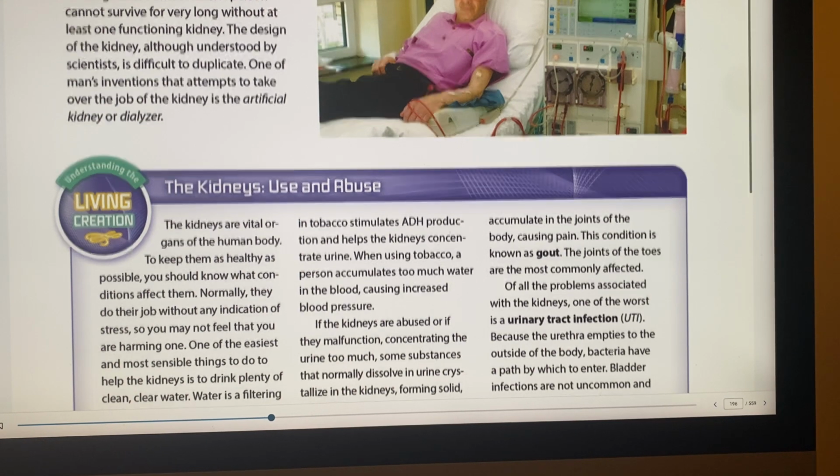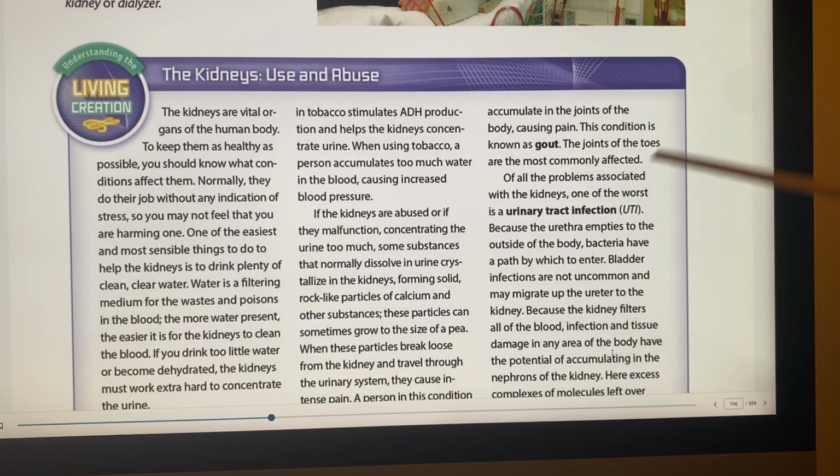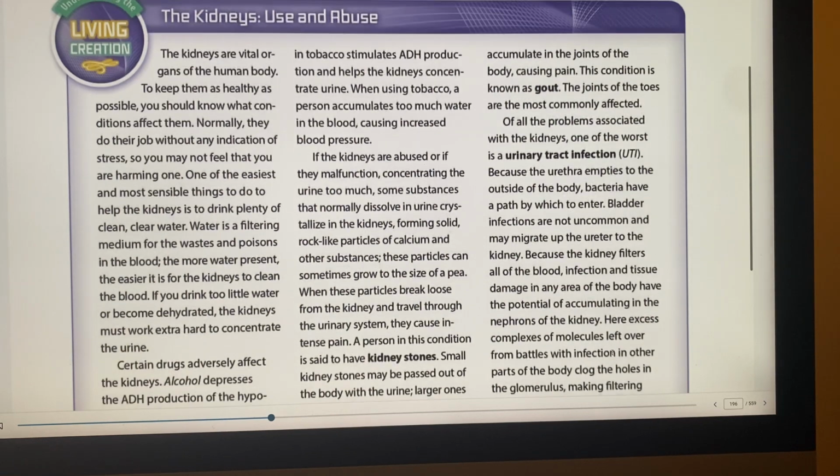The next thing is infection, a UTI. UTI is a urinary tract infection. Usually people get bladder infections first, and if you wait too long and don't get antibiotics, it can go up the rest of your urinary tract and to your kidneys. These are really a problem. If infections get to the kidneys, you're going to have a lot of problems.